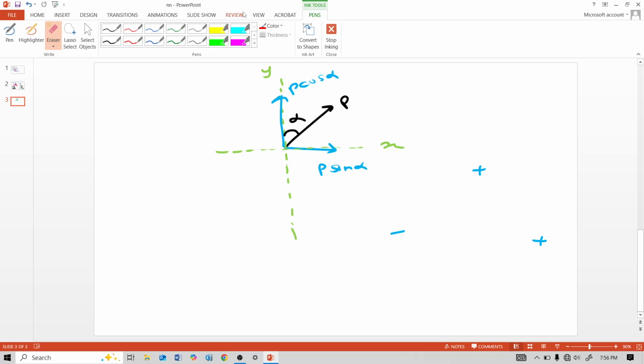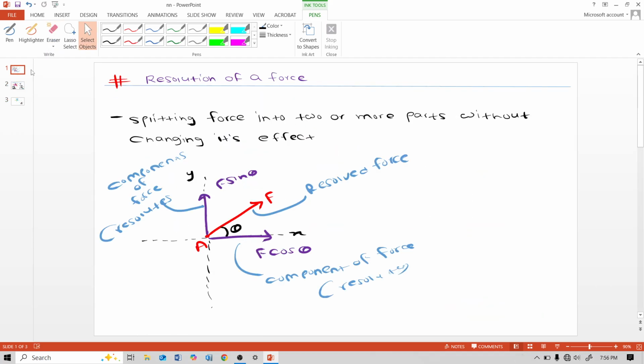See this again, see it meticulously. If your force is like this, then how will we resolve it? Here it will be positive and here it will be negative. And if my angle is like this, then near the angle, cos always comes. So I think you understand this concept.